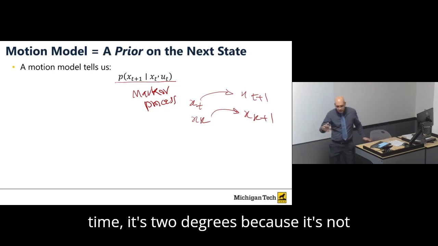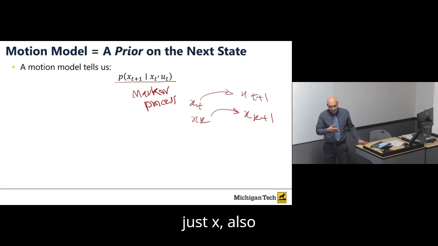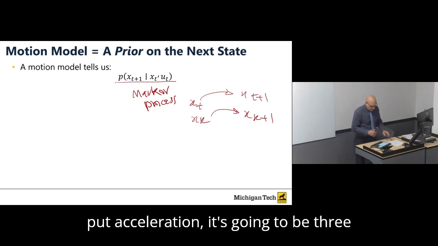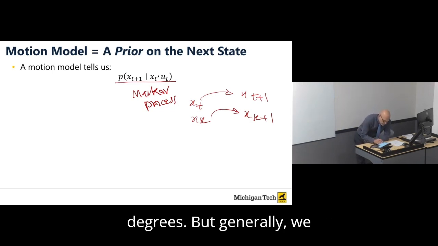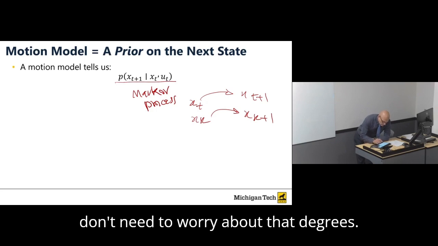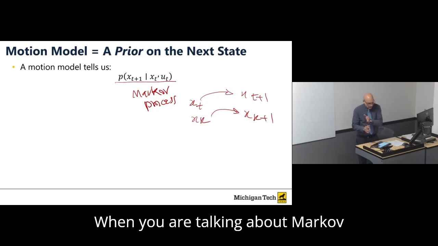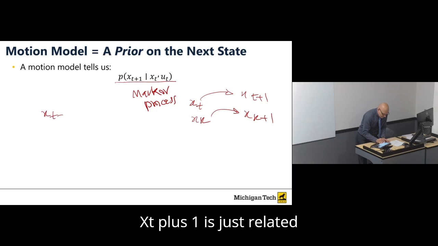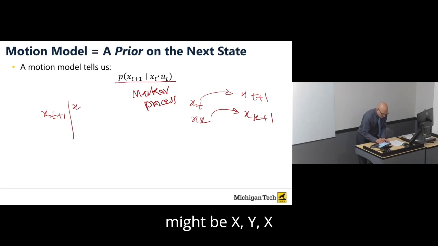Most of the time it's 2 degrees because it's not just x, also velocity. If we put in acceleration, it's going to be 3 degrees. But generally, we don't need to worry about those degrees. When we are talking about a Markov model, it means xt plus 1 is just related to xt. However, xt plus 1 might be x, y, x dot, and y dot.